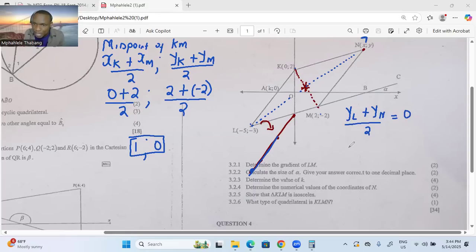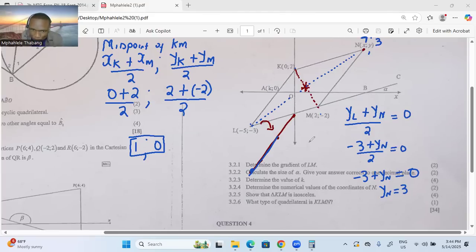Y at L is minus 3. So minus 3 plus Y at N divided by 2 equals 0. Cross multiplying, minus 3 plus Y at N equals 2 times 0, which is 0. Therefore, Y at N equals 3. So the coordinates of N are 7 and 3.